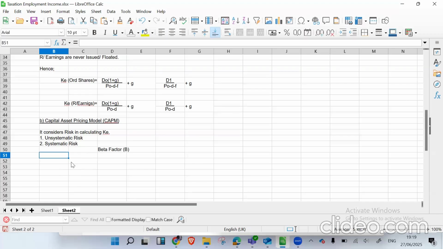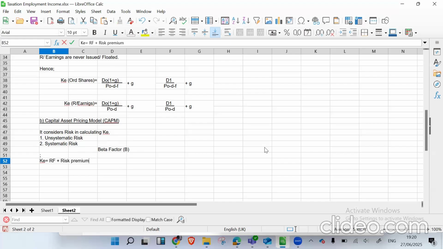According to CAPM, KE equals RF plus risk premium.